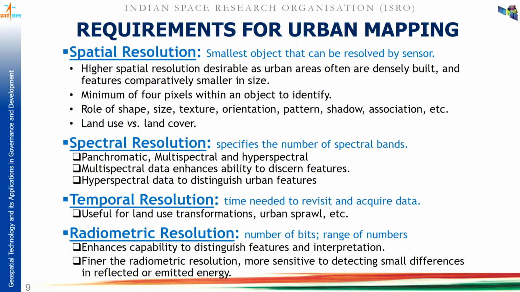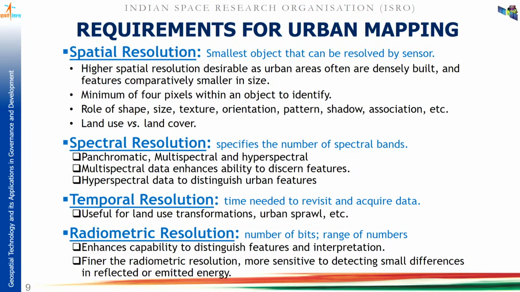Apart from that, the role of shape, size, texture, orientation, pattern, and shadow is very important. And for making a high scale land cover map or land use map, the spatial resolution is a very important thing.